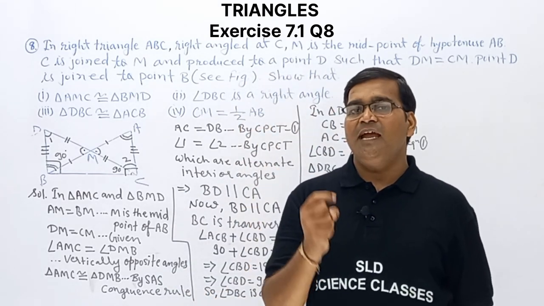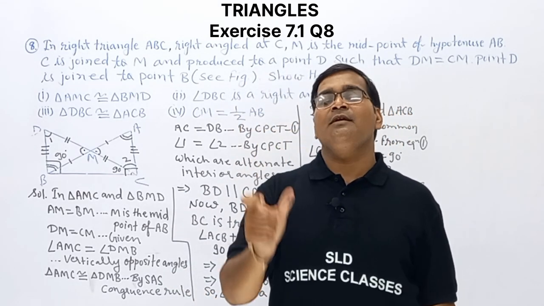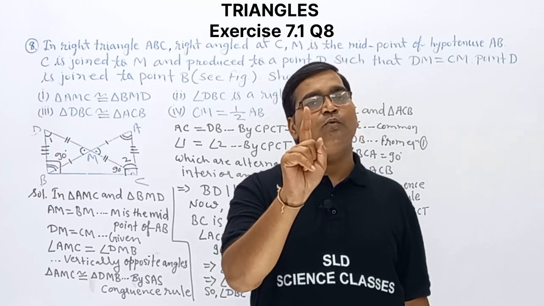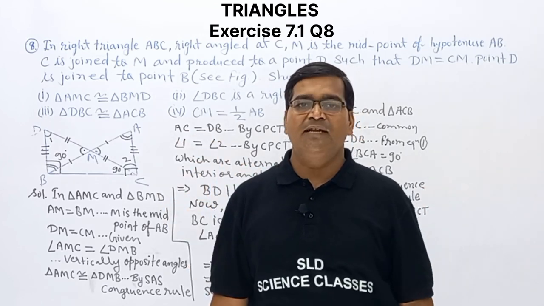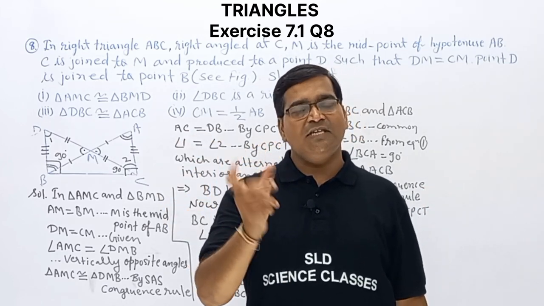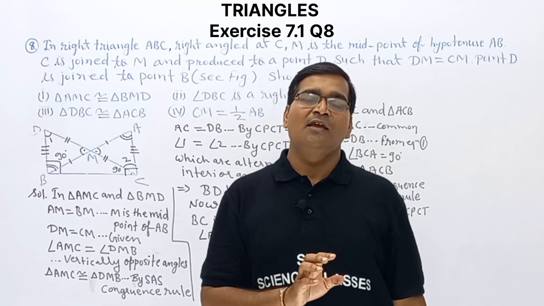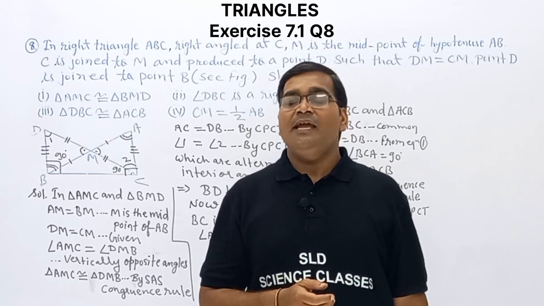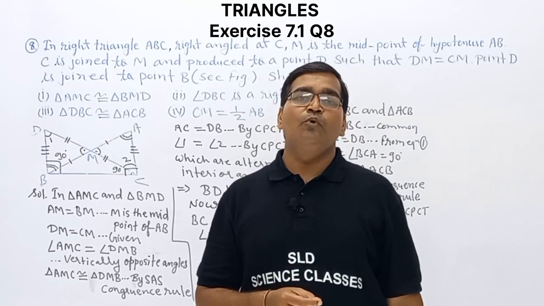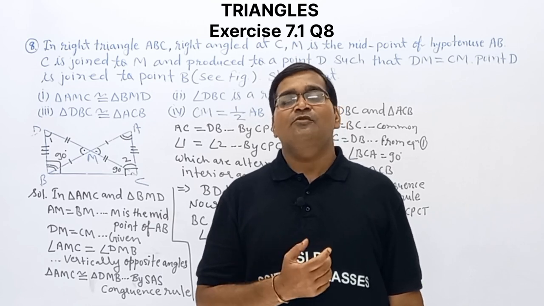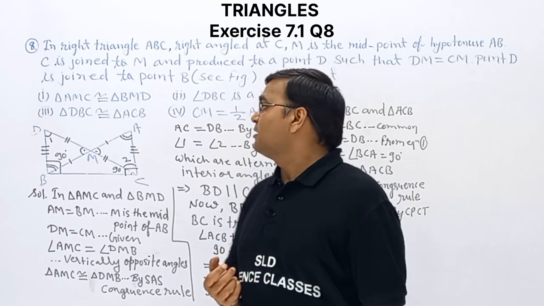Observe carefully and think. By observing the diagram, we can obtain an idea to take another one. In this way we get 3 things, and then we can say which congruence rule will be applicable. Then we will prove whether two triangles are congruent or not.